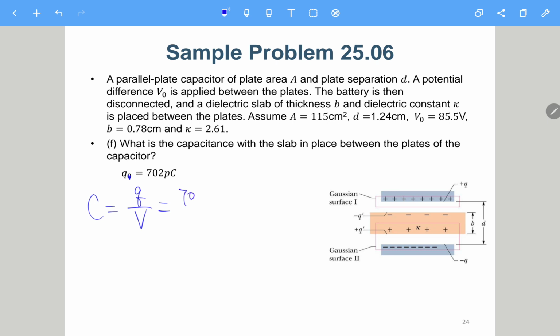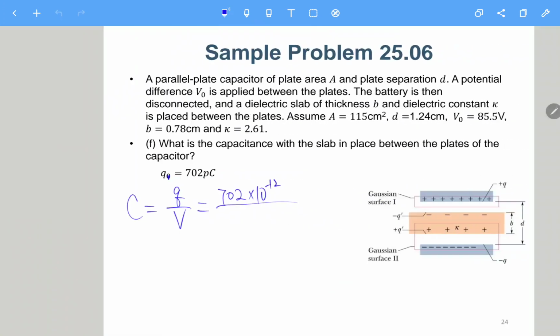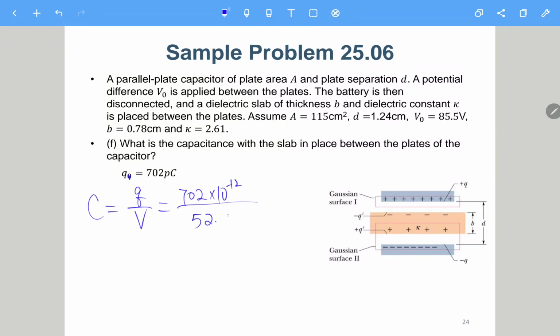So this is 702 times 10 to the minus 12, over V, which is 52.3. So C becomes 13.4 picofarad.